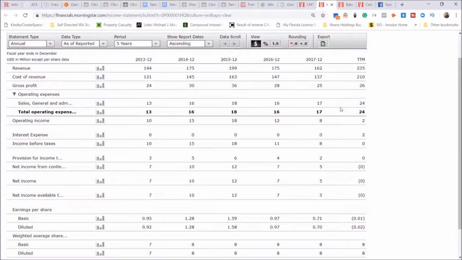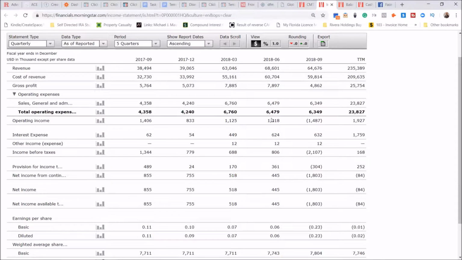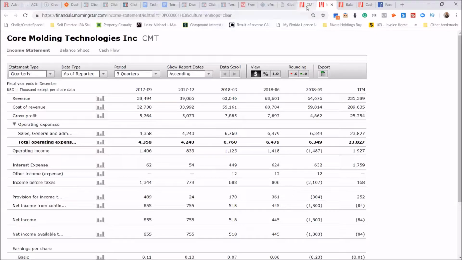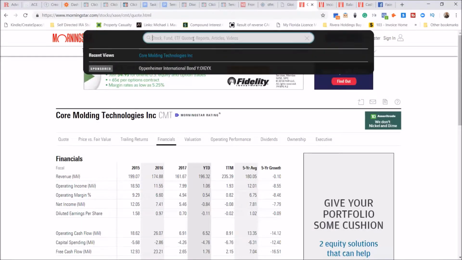Net income. Oh, let's not use this company because their net income is what? That can't be correct. That's because it's not correct. Quarterly. Okay, let's find a different company. Because this is a negative number.